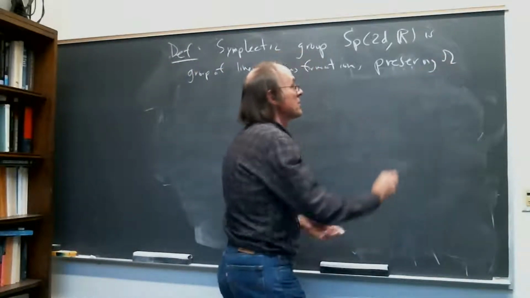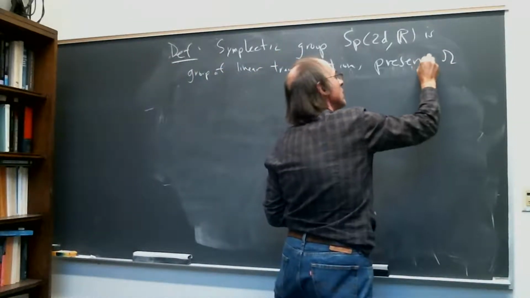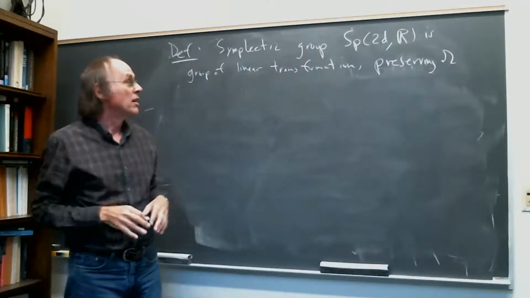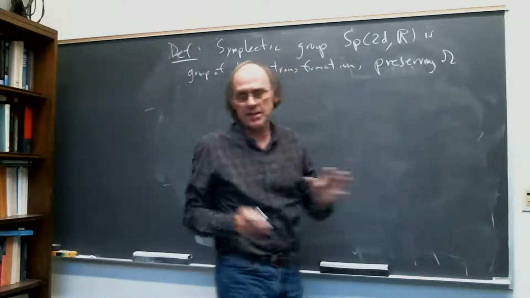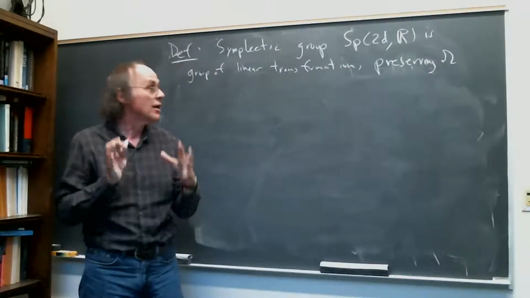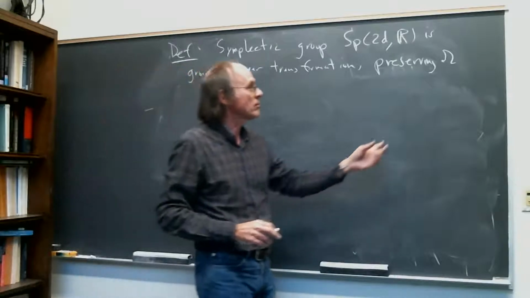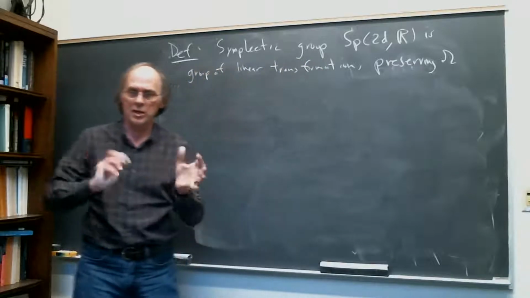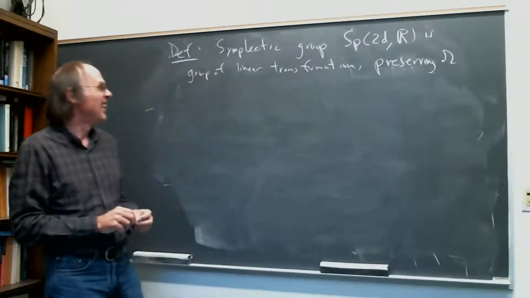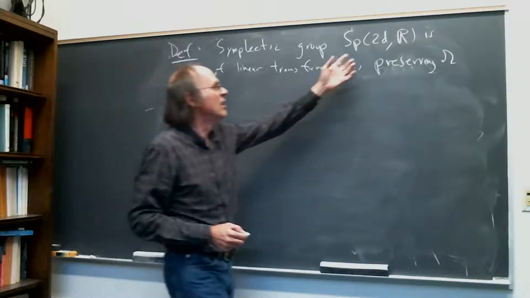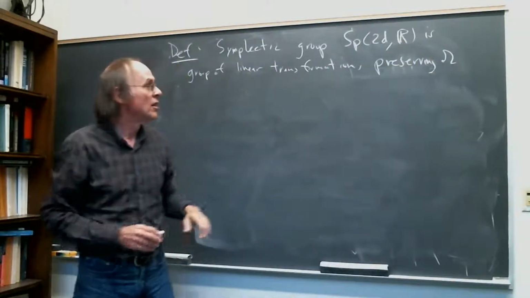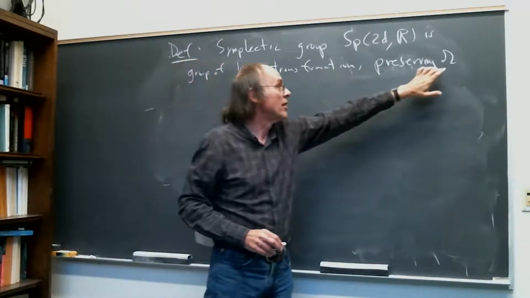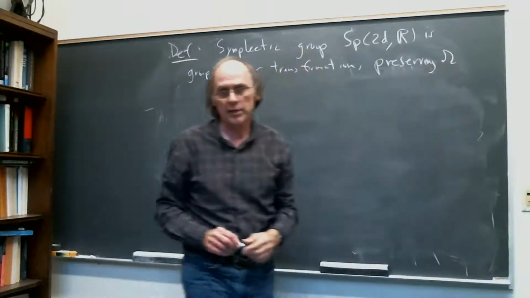So the Poisson bracket relations on these basis elements, the P_Js and Q_Js, give you a bilinear form. You could write it in terms of a matrix, or you could just look at what it does on the basis. And then you could ask, what are the linear transformations of this 2d-dimensional vector space that don't change the values of this bilinear form.